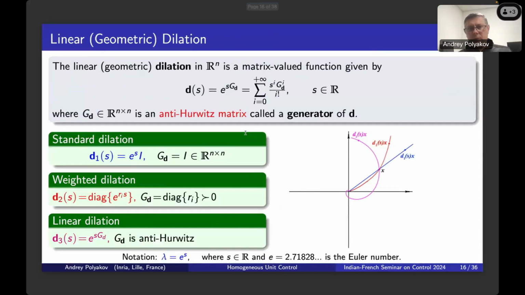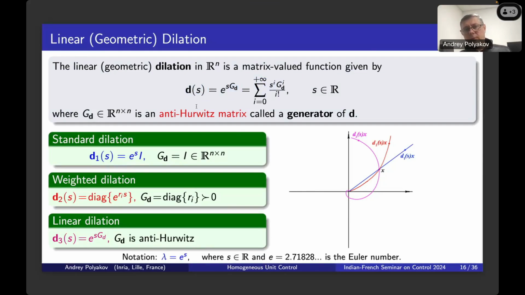And in this talk, I will deal only with one particular case of this geometric dilation, the linear dilation. So if we define our group the following classical way, like an exponential matrix, this matrix G_d is known as the generator of the dilation.